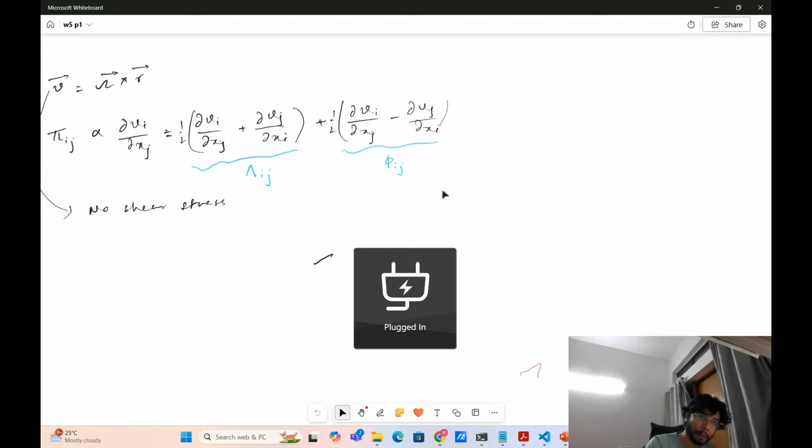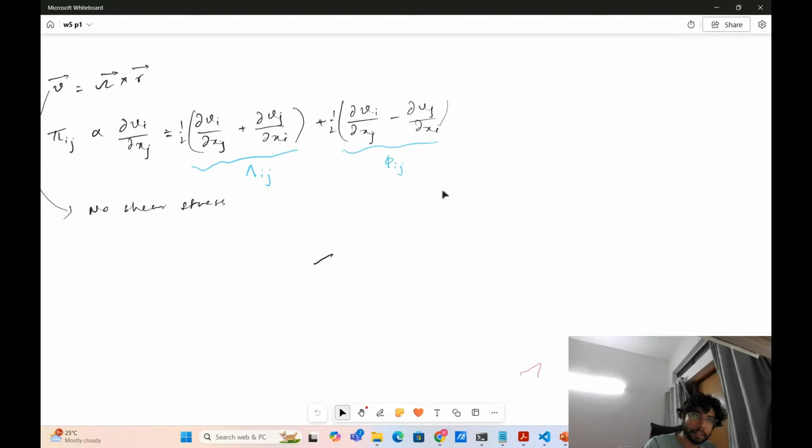Basically, we would like to see if we are getting zero pi ij for solid body rotation, or something which is non-zero. Ideally, we should get zero for pi ij if it's a solid body rotation. That's what I'm trying to say.